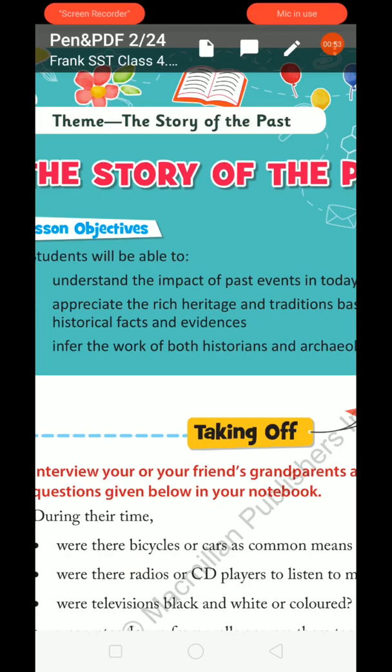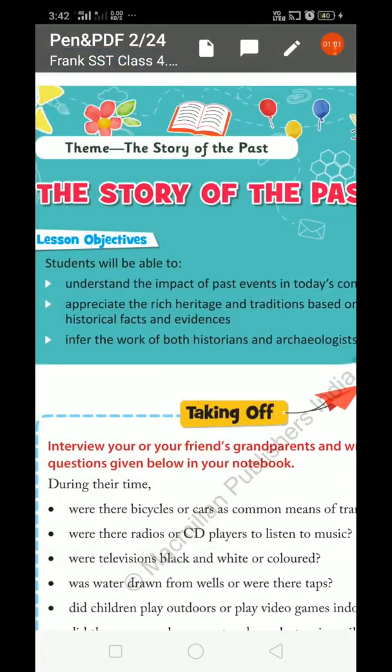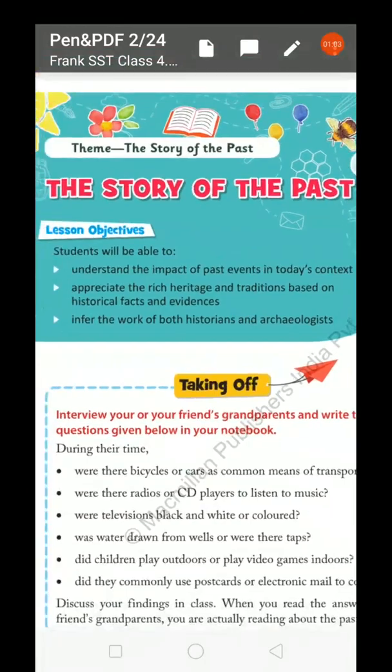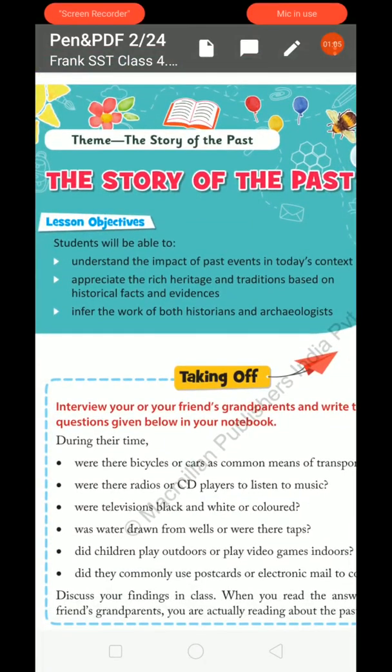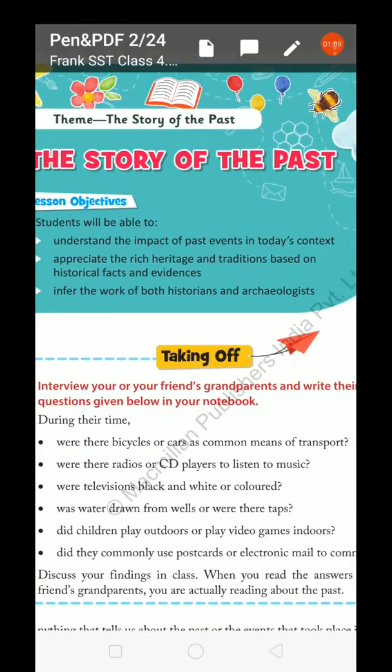What are the effects of past events in our present life? Do you think there is any impact of past events in our present life? It helps to live the present better.